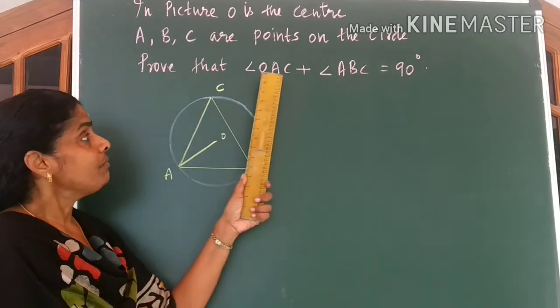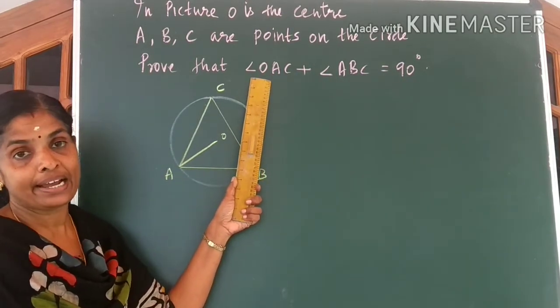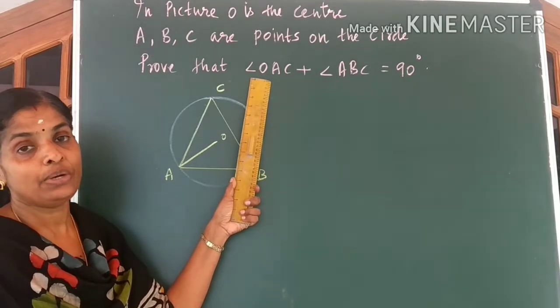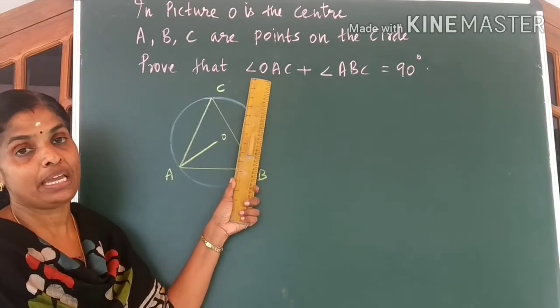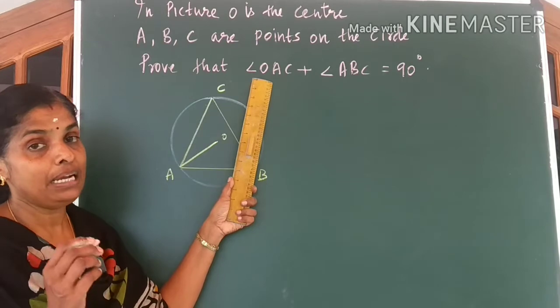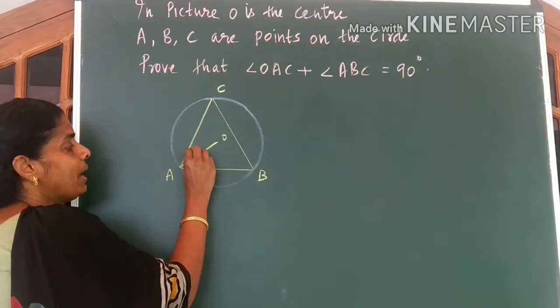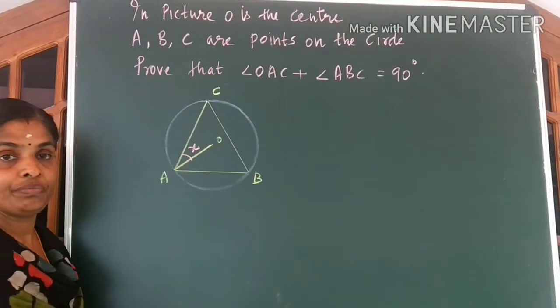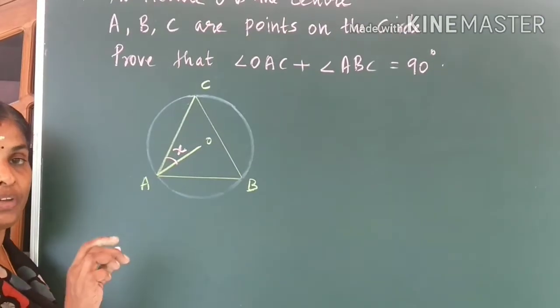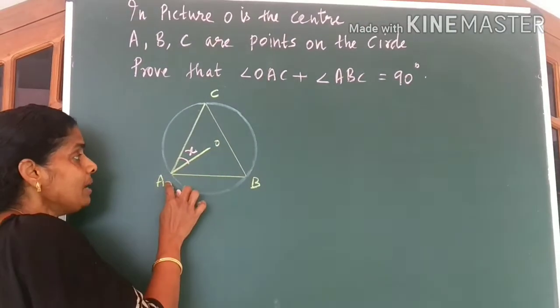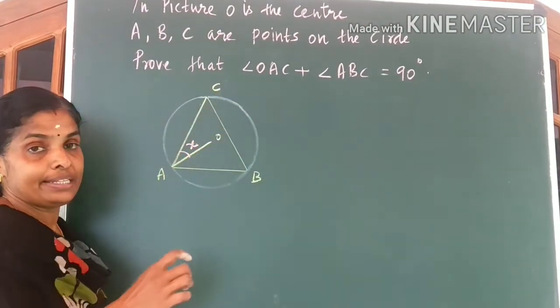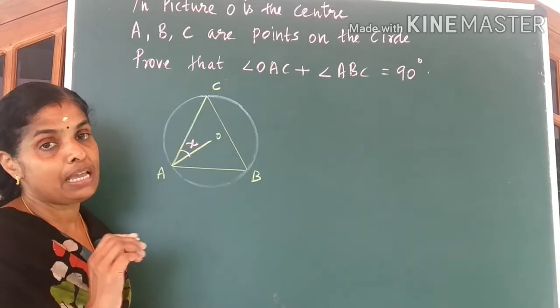Now, we have no idea about angle OAC. So, let me take that angle to be equal to a variable x. So, I can mark x degree here. Now, we know OA and OC are the radii of the same circle.